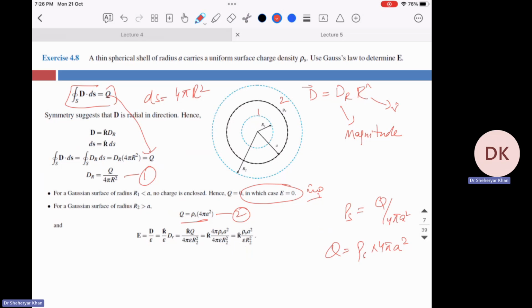You remember, rho s a square over r2 square, right? So r2 is this one. So as you move away, a square, right? A increases, increases, then these two become the same and can be cancelled out. Okay, that's the electric field due to the sphere.